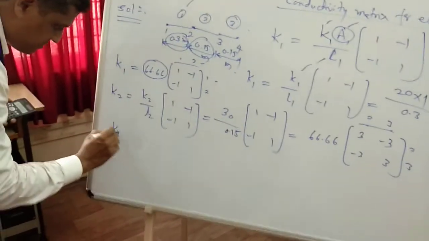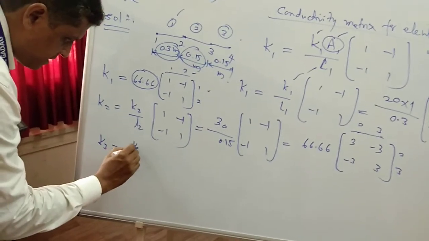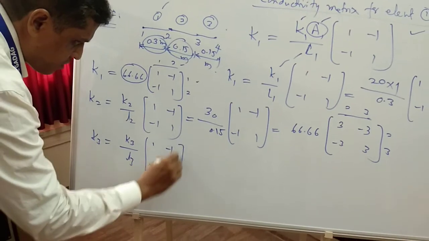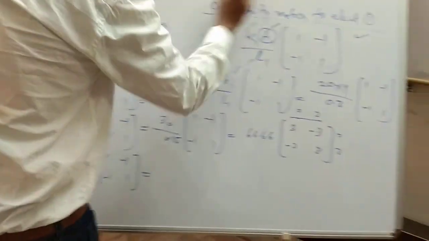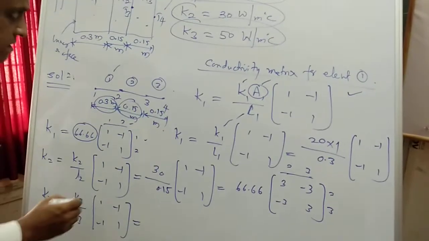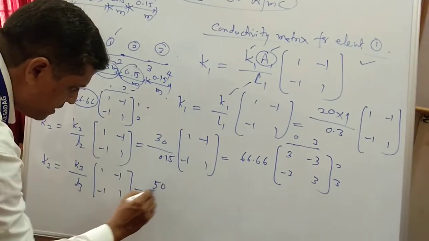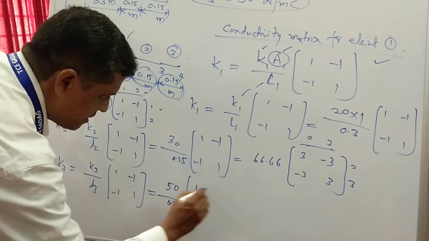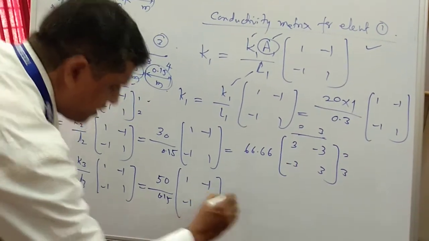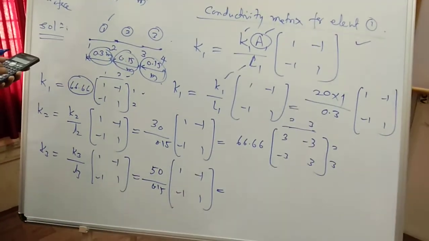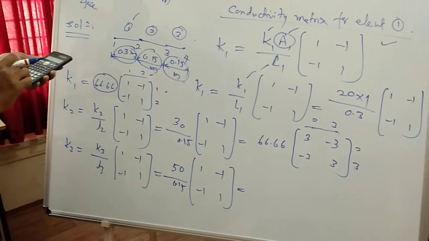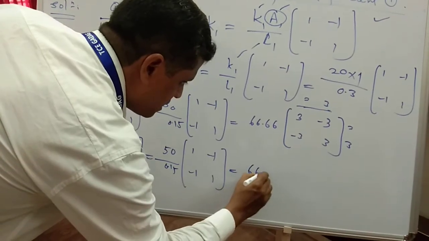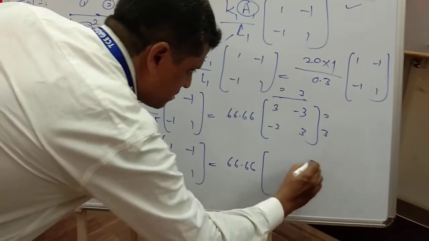Next, the conductivity matrix for element 3, K3 by L3 into [1 -1; -1 1]. The thermal conductivity of the third element material is 50, and the length is 0.15. If you calculate the ratio 50 divided by 0.15, we will get 333.33, and maintain the same common factor as in the case of element 1 and element 2.